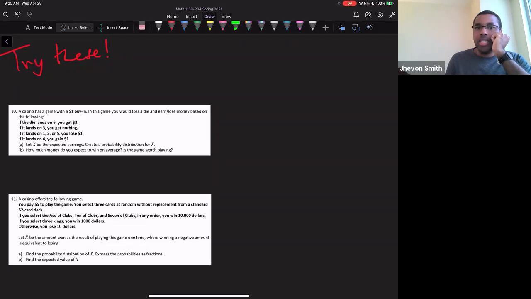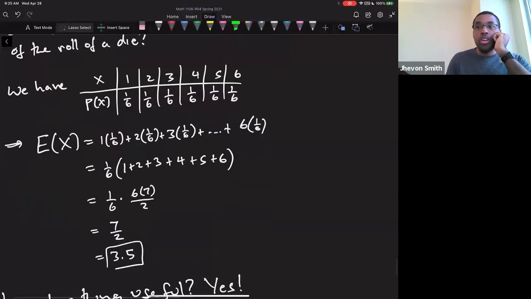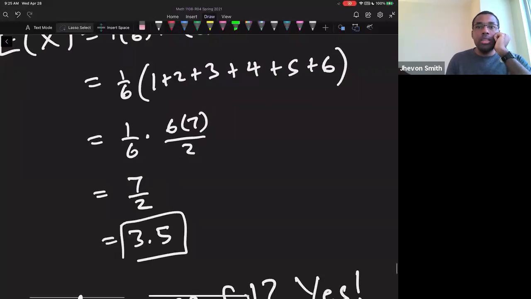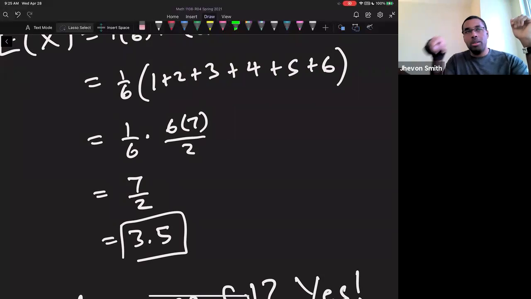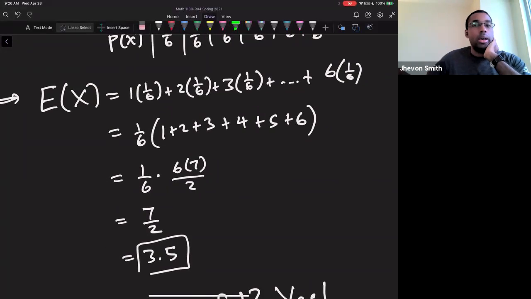That's basically the idea. And if you were to roll a die over and over and over again and find the average of all the numbers that you get each time, the average is going to get closer and closer to 3.5. That's what that 3.5 represents. Average is the sum of all the numbers divided by the number of numbers there are. The expected value actually gets you close to that number in a probabilistic environment, which is good to know.